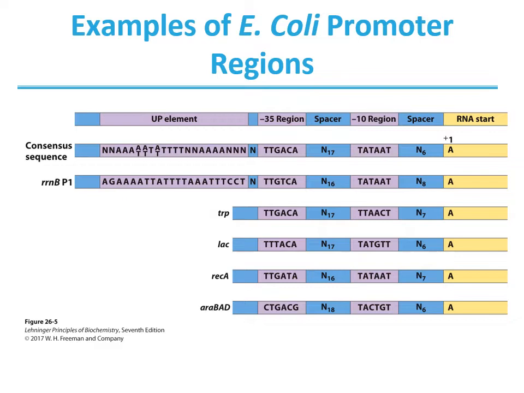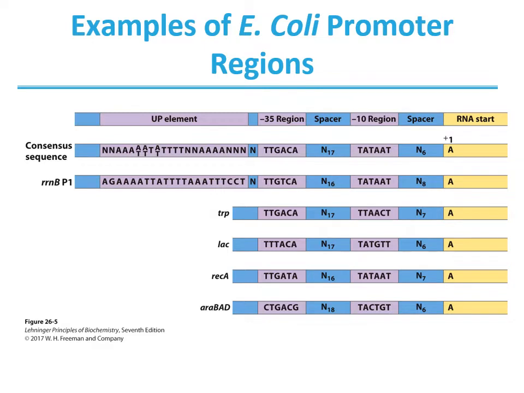There are two consensus sequences at -10, TATAAT, and -35, TTGACA, for sigma subunit binding. These are called TATA sequences or TATA box. An AT-rich upstream promoter element between -40 and -60 binds the alpha subunit.